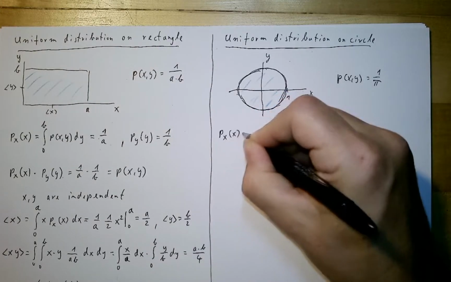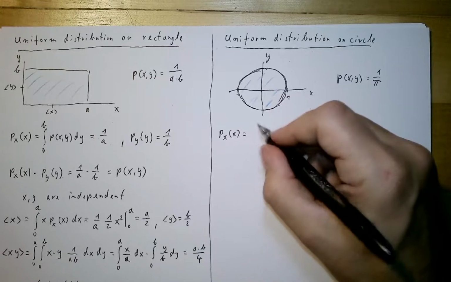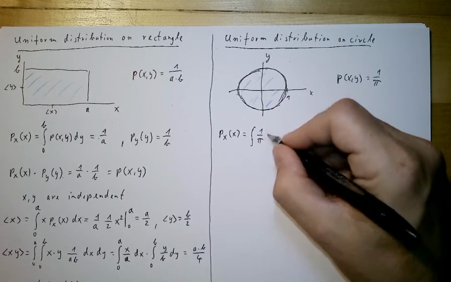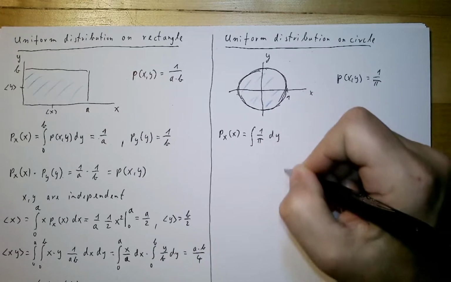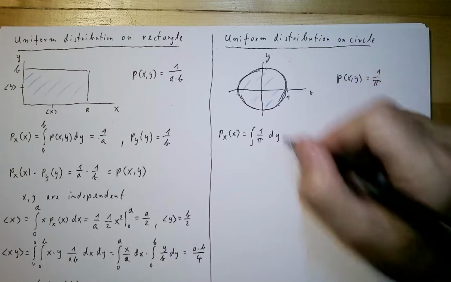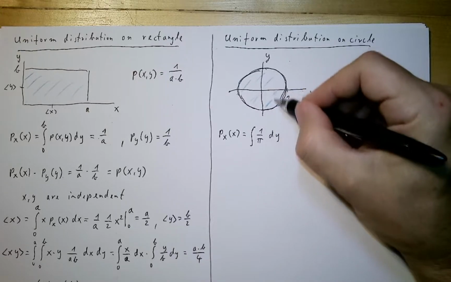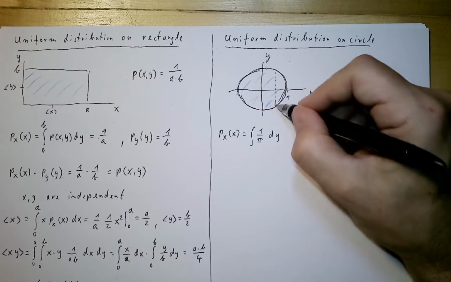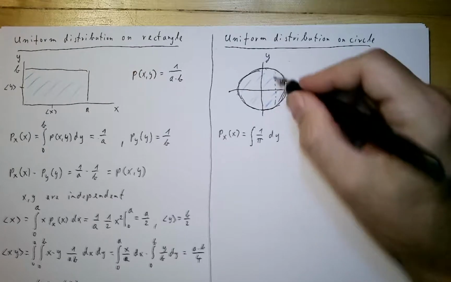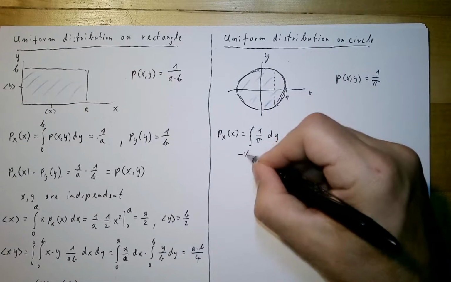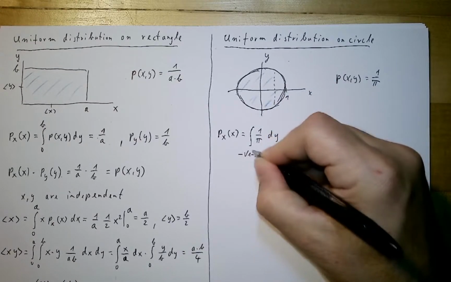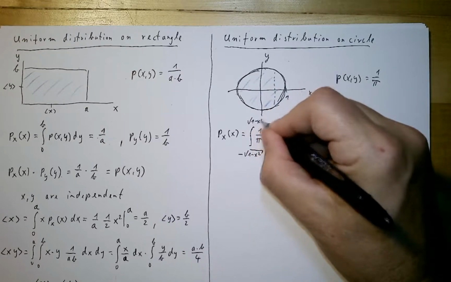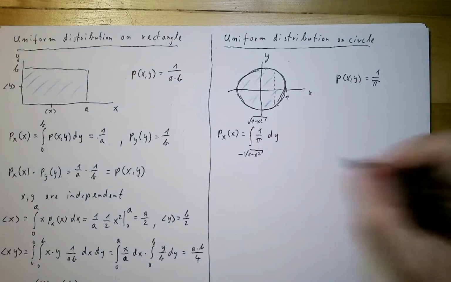So p_X(x). Now we need to integrate 1 over pi, the distribution, over dy. If we integrate over dy, we integrate over such an area, and the borders go from minus the square root of 1 minus x squared to plus the square root of 1 minus x squared.